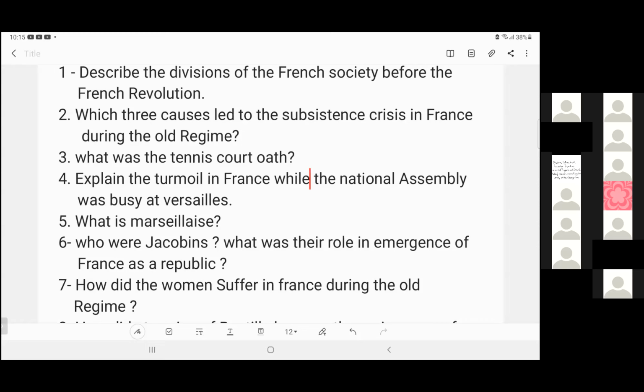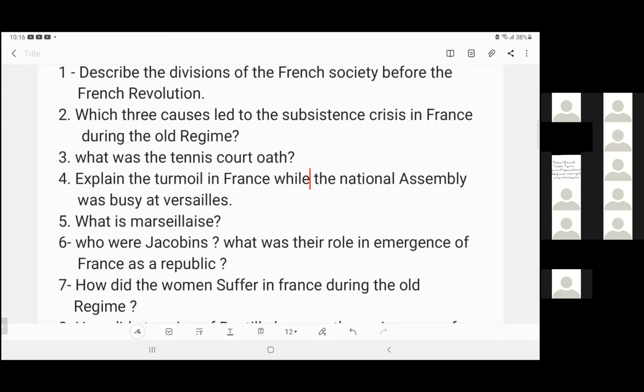Second one. Ma'am, 3 causes that led to subsistence crisis in France during the old regime are: first, increased taxes. The increased taxes by the king led to a great difference between the rich and the poor. Second, increased demand of bread, as well as the increased rate of bread, as during the old regime, the population of France increased, and this led to a shortage of food.